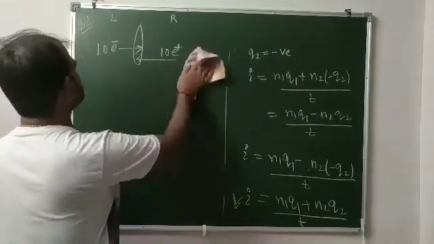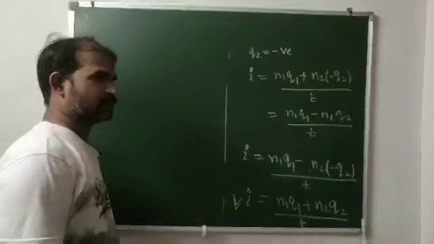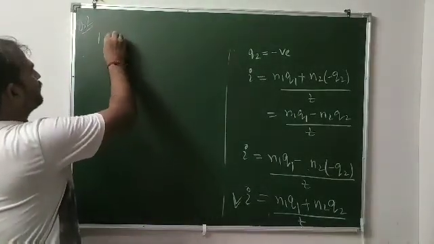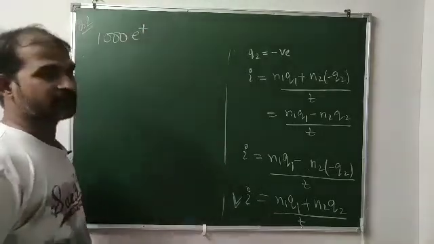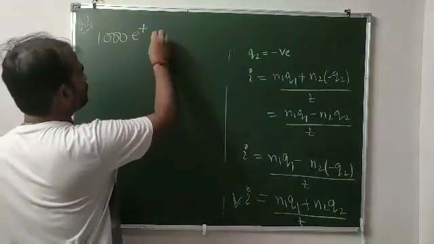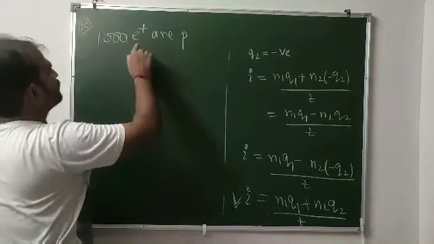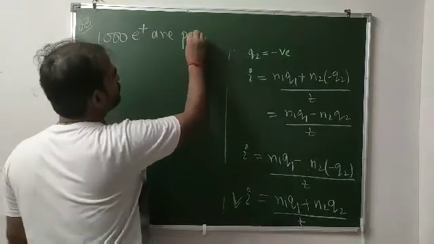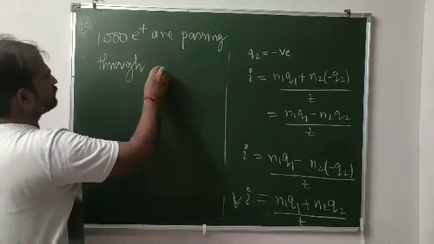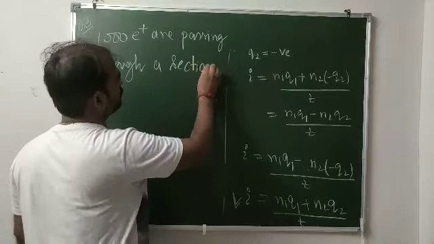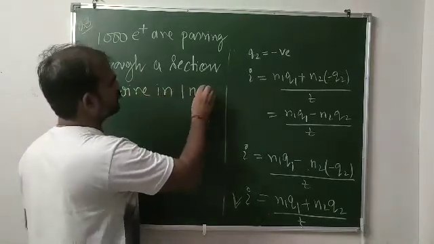Now students, this question is for you. Question number 3. 1000 positrons are passing through a section of wire in 1 nanosecond.